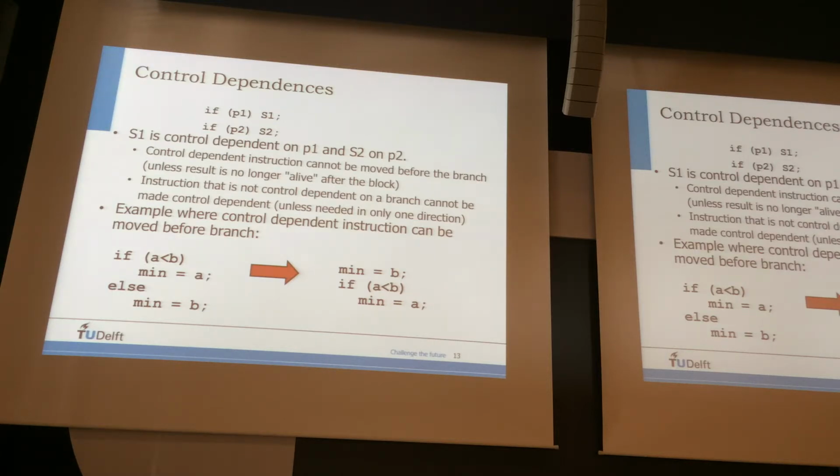And you see, the programmer can do a lot of things here. This is a way to write this decision, and this is another way. You see, I moved an instruction before the branch. Then I start with the assumption that the minimum is B, and then I do the branch.